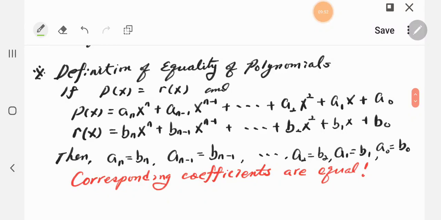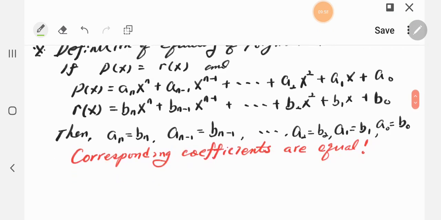So there are two polynomials and they are equal and they have the same degree n. Let's say P of x is a_n x^n plus a_(n-1) times x^(n-1) and so on. Since P of x and R of x, these two polynomials, are the same, the corresponding coefficients should be the same. So the coefficient of x to the nth power should be equal, and for x to the n minus 1th power, these two should be equal.